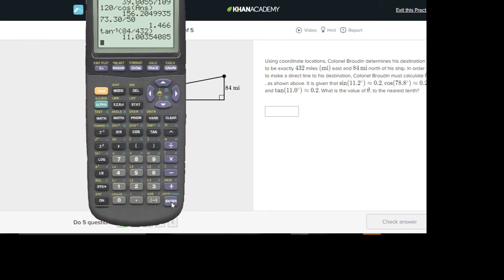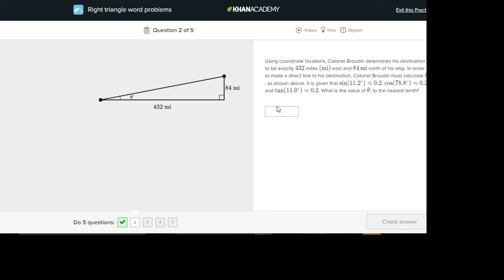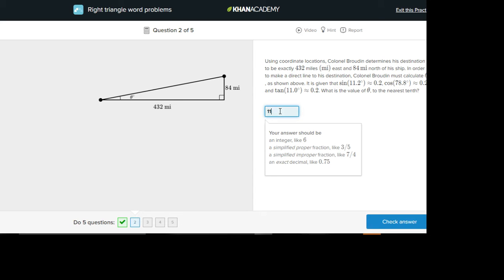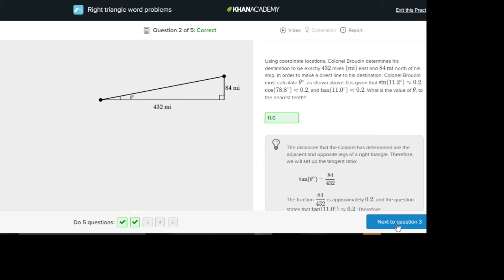So it's 11 degrees. These are too easy. They're deceptively easy. So that's 11. So it's rounded to the nearest tenth. Okay.